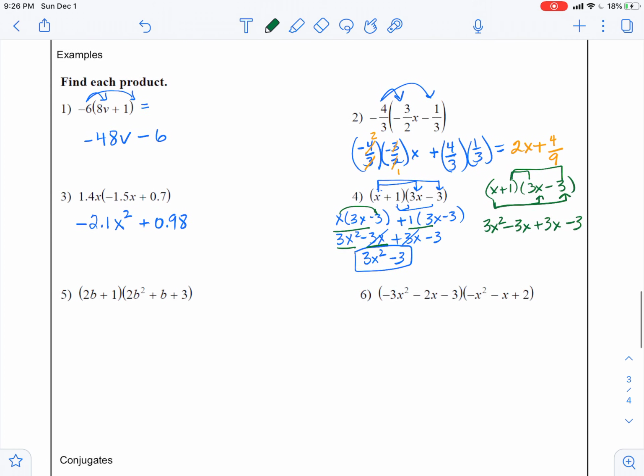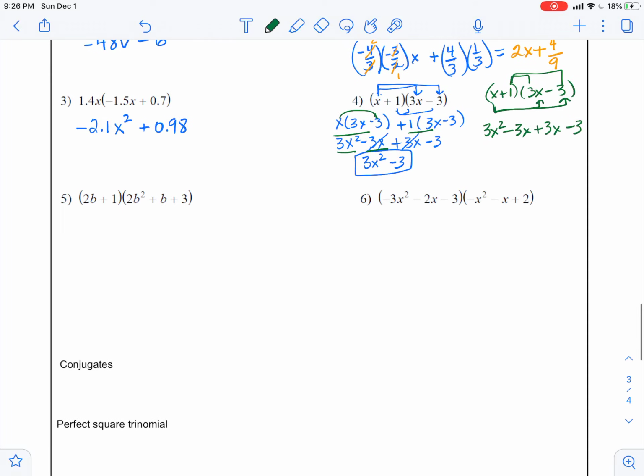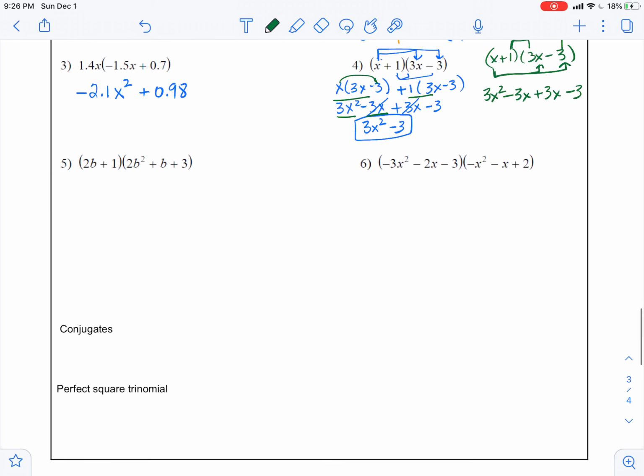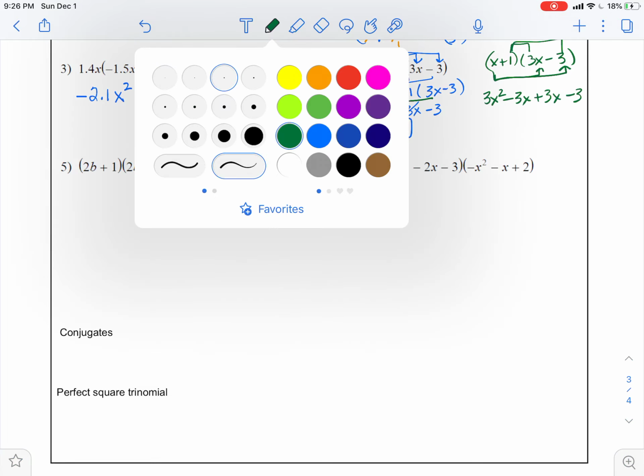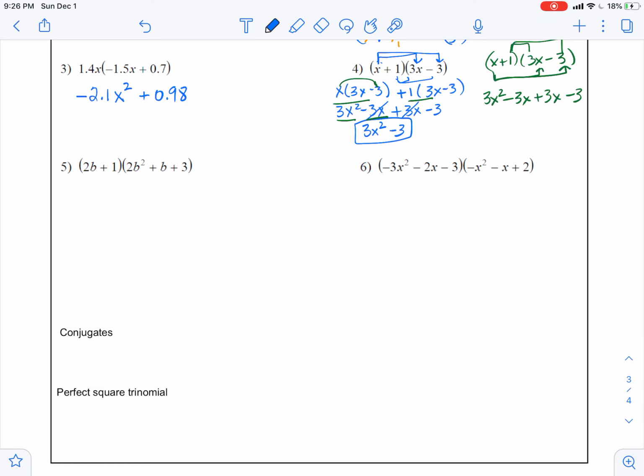Okay, now I definitely think that works great when you have anything above a binomial times a binomial, although I think the binomial times binomial could definitely be done as a box. But when I get bigger, I think it does help in the organization. So I'm just going to run this as a box method.